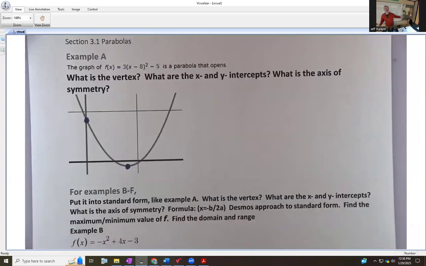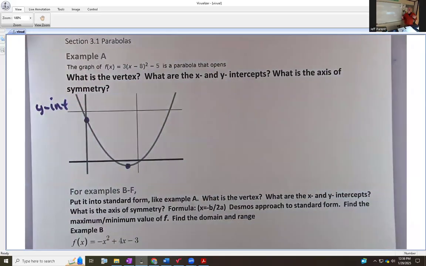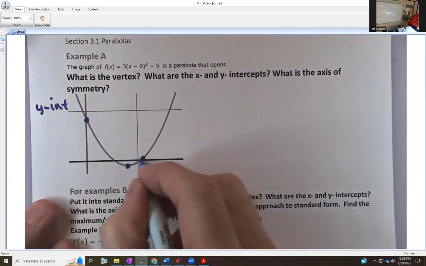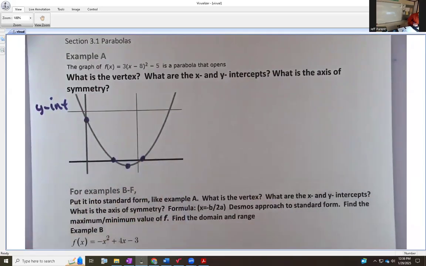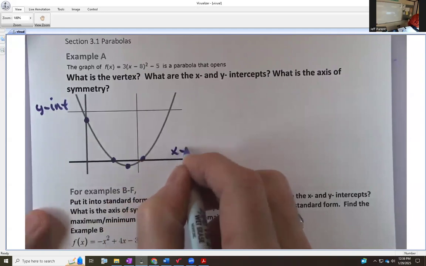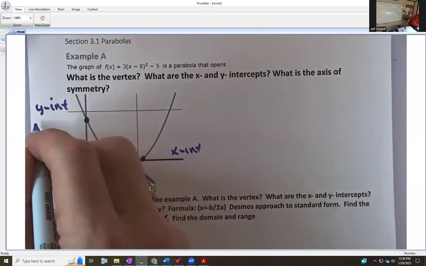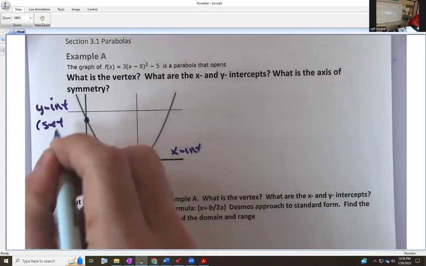Yeah, it's our y-intercept. So our y-intercept, and we're going to get that by setting x equal to 0. So, okay, that's not bad. And there's two more points that you're going to be asked to find, which is going to be your x-intercepts. So your x-intercepts are going to be here and here. To get your y-intercepts, you're going to set something equal to 0.